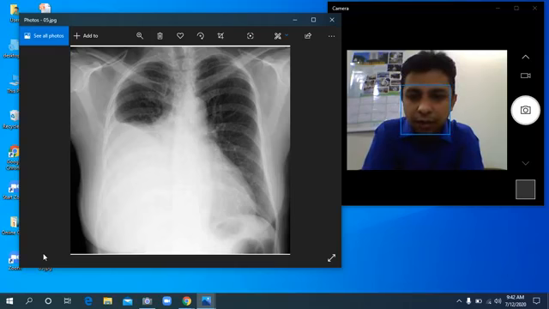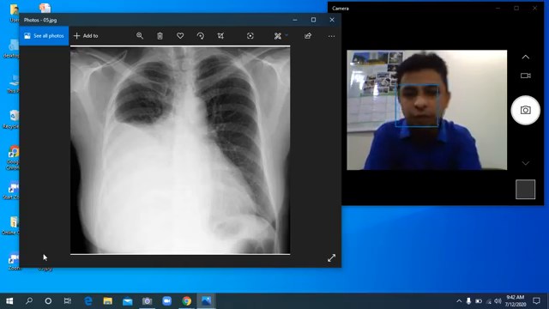So it is not giving much yield. In such cases, we often do pleural biopsy.